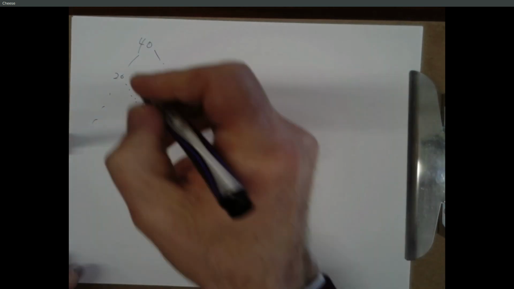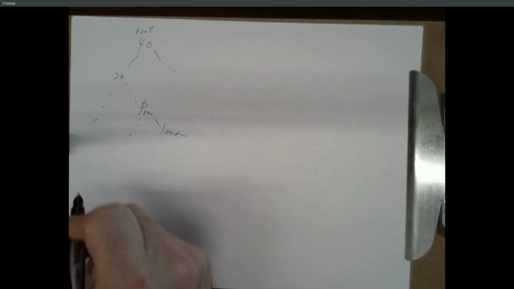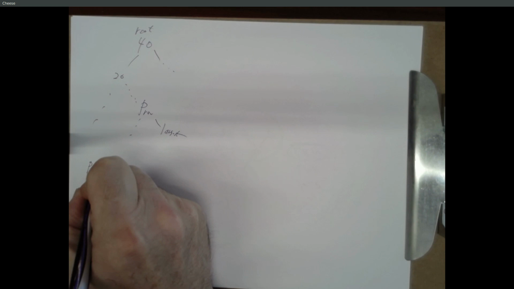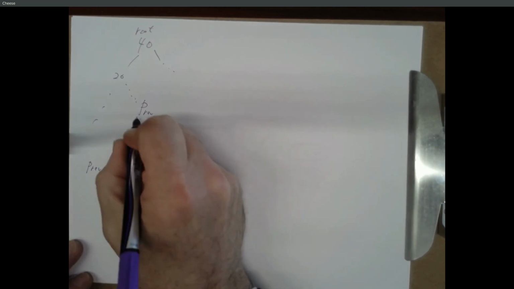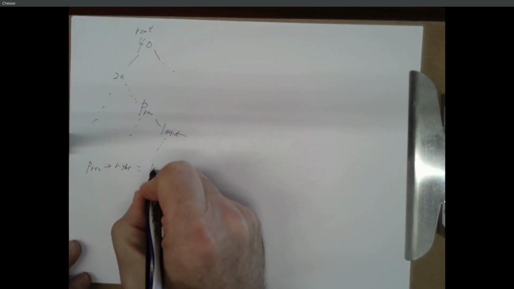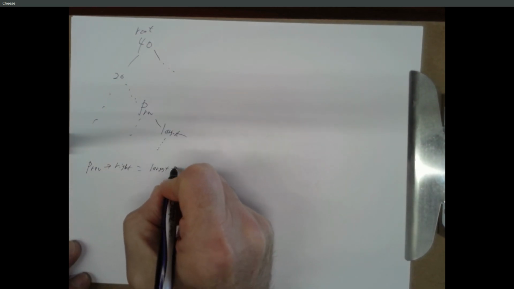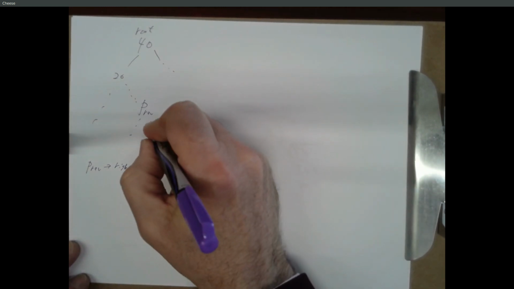So let me call this root. And so what do we want to do? We want to say something like previous right, and there might be stuff over here on the left of largest. So previous right can adopt what largest has on the left. So that sets this up, so we don't lose those nodes.